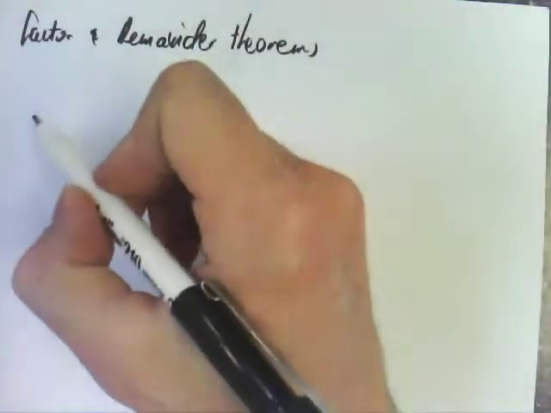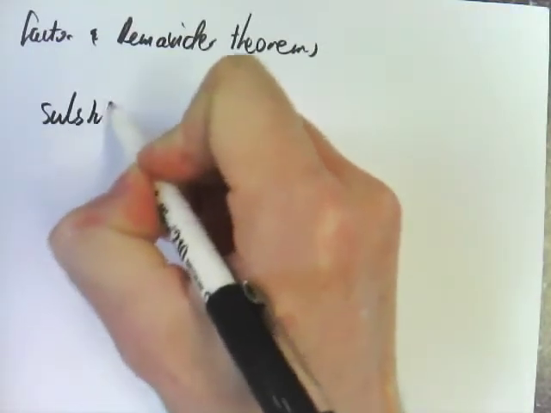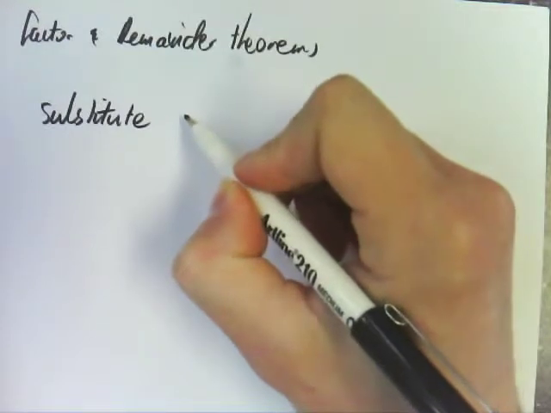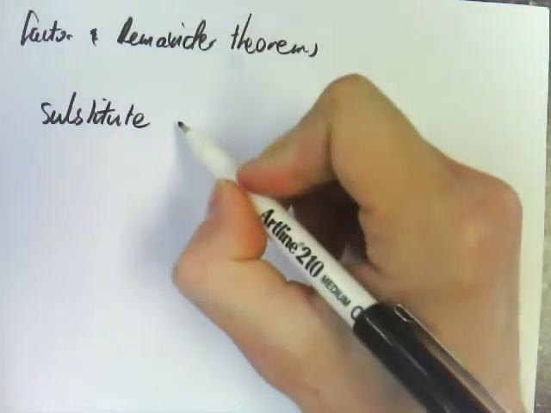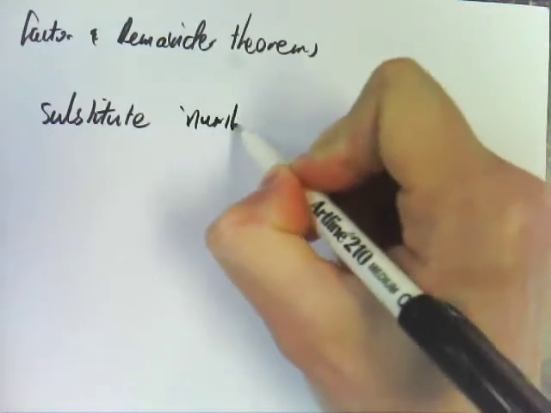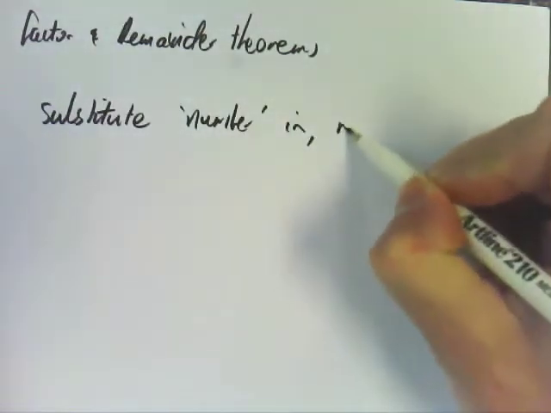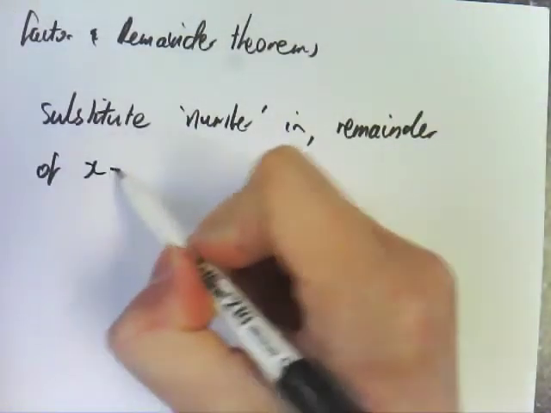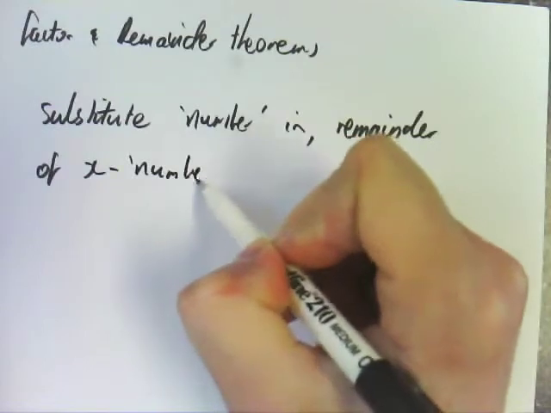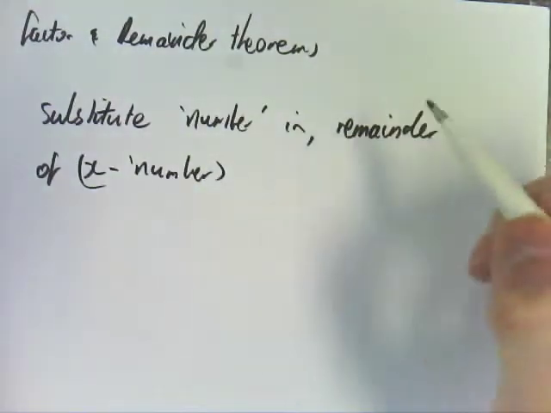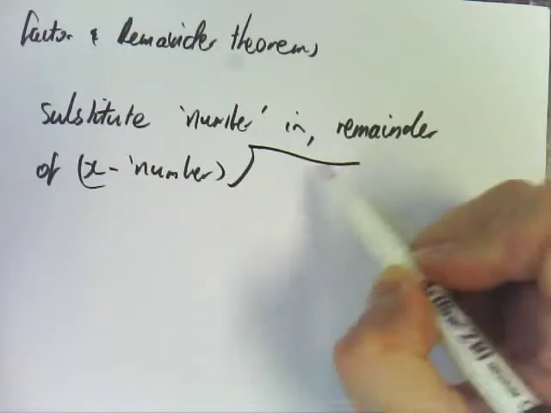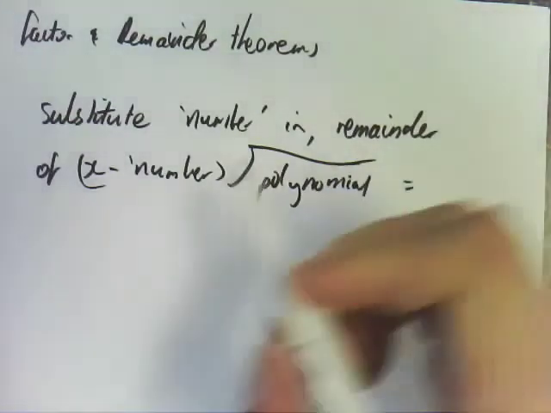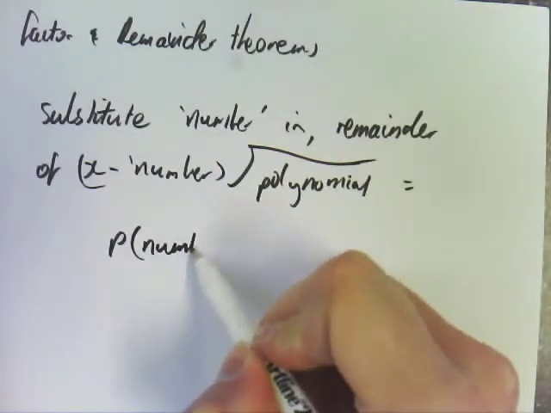Okay, so the remainder theorem is substitute number in. The remainder of x minus number divided by polynomial equals p of number.